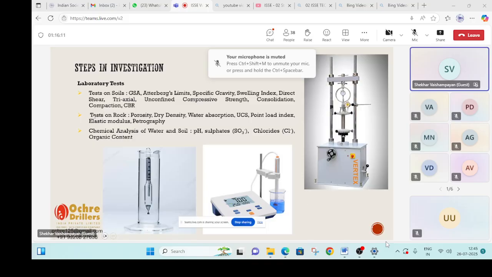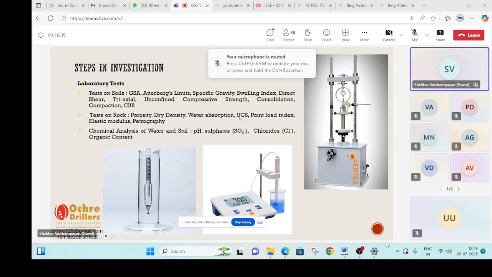You also conduct tests on rock. For the GSA also you can use this hydrometer, which is actually used for separating silt and clay fractions. In the test on rock, you take the rock piece, cut it as a cylinder, and then you conduct these tests: porosity, dry density, water absorption, unconfined compressive strength in saturated condition.